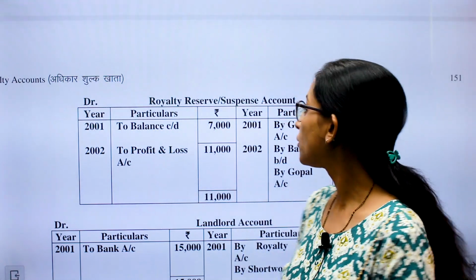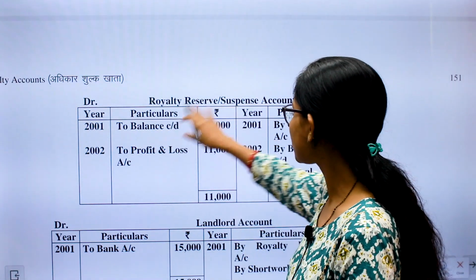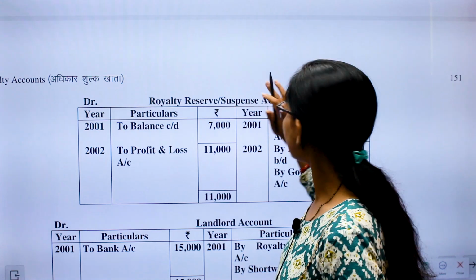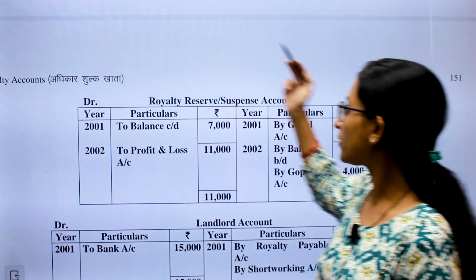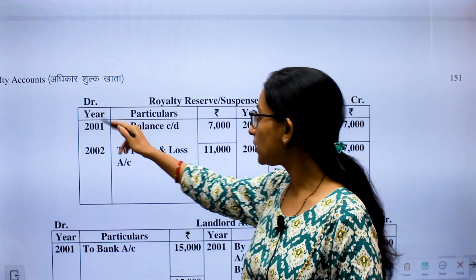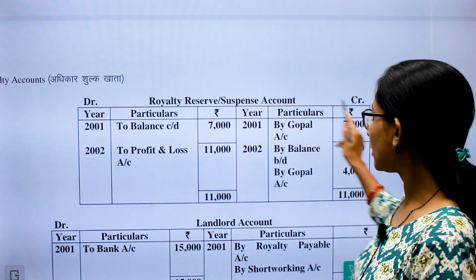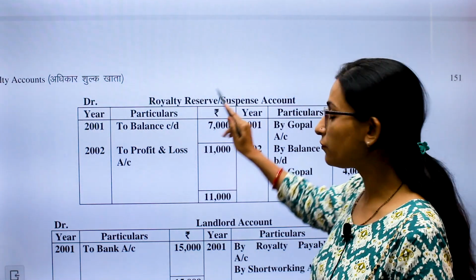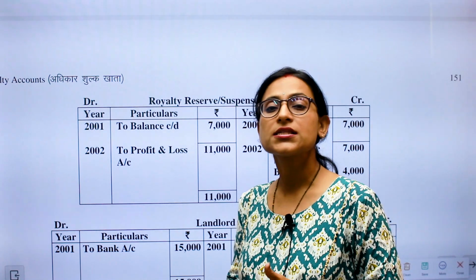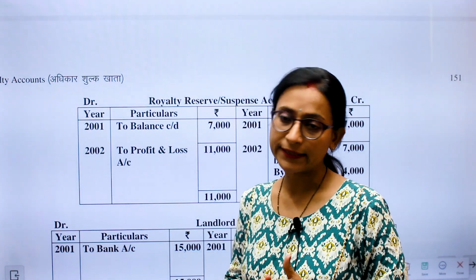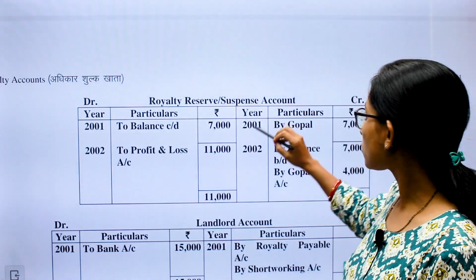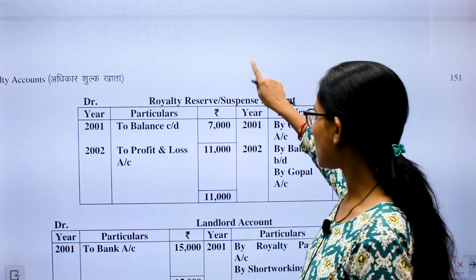Next ledger will be the royalty reserve account, or royalty suspense account. Right hand side will be the credit column, left hand side will be the debit column, year, particular, rupee, year, particular, rupee. This royalty reserve or suspense account we will prepare with the help of the sublease analytical table. In the first year there was a short working reserve of 7,000.